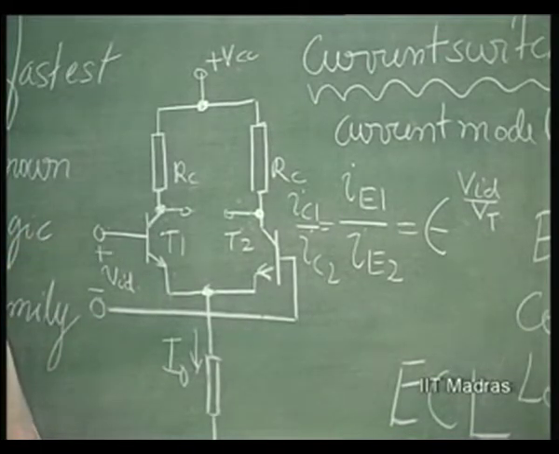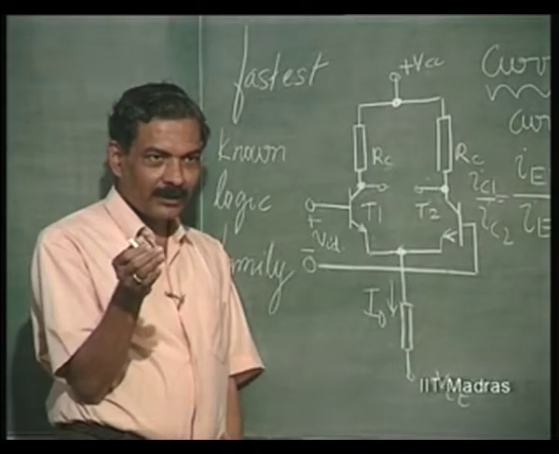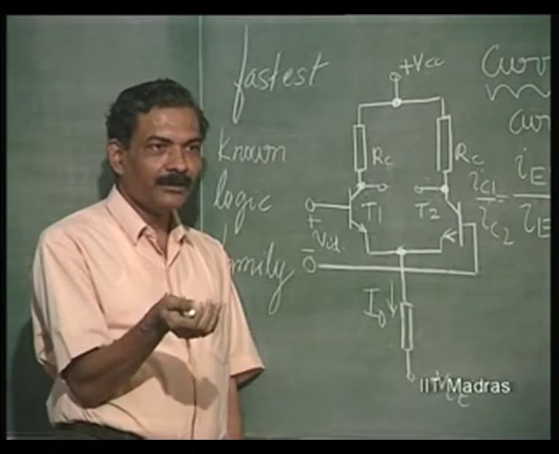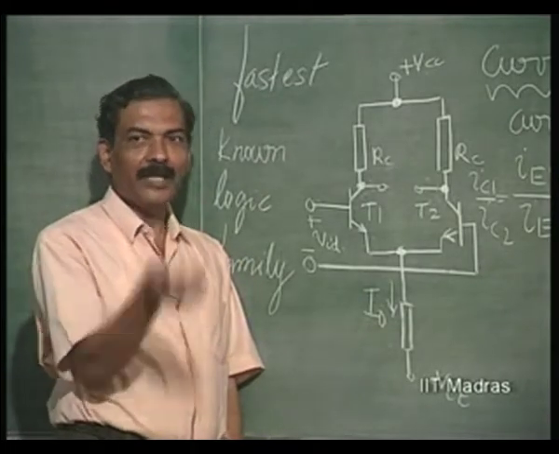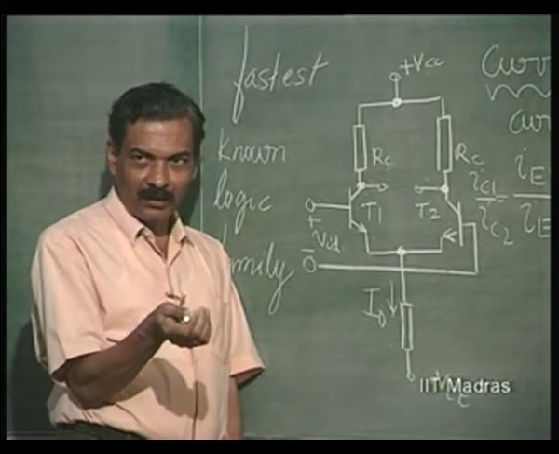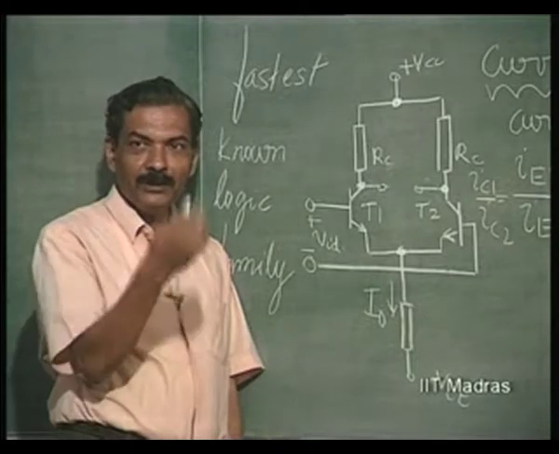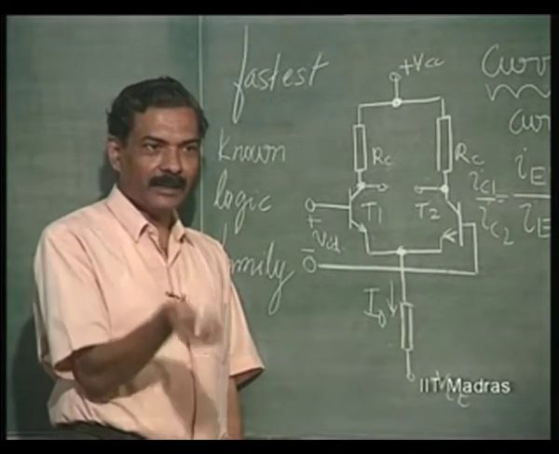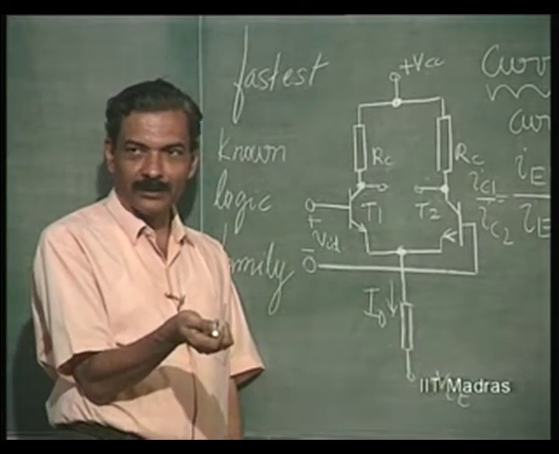All your TTL circuits got into the problem of low speed only because they were going into saturation. Then came what is called Schottky TTL, where VCB was forced to be retained close to 0, preventing such transistors from going to saturation.